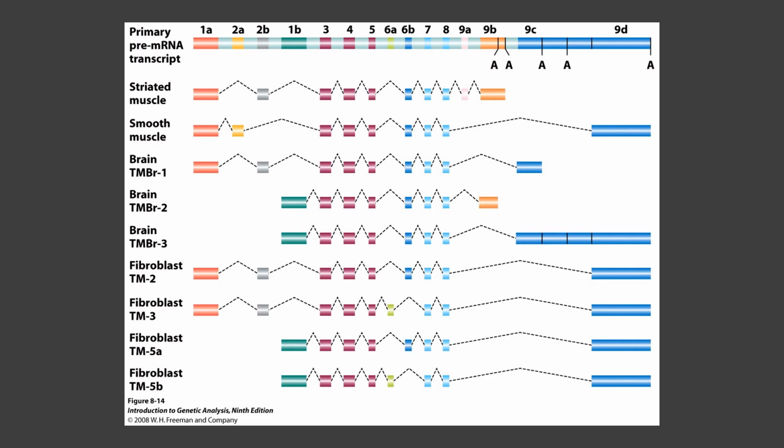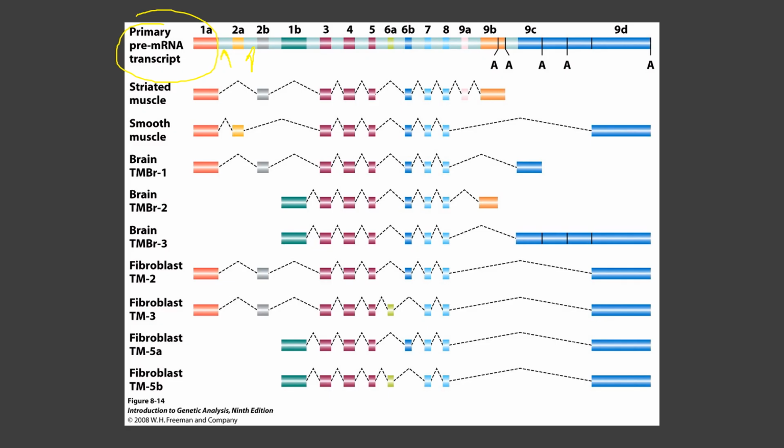There's a lot of information in this figure, but if you look at the very top, the primary pre-mRNA transcript contains, from left to right, a whole bunch of exons. So 1A is one exon. These regions in this light blue are introns. So 2A is an exon, 2B is another exon, 1B is another exon, and then exons 3 and 4.